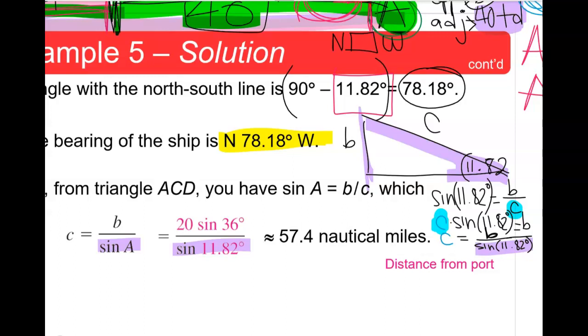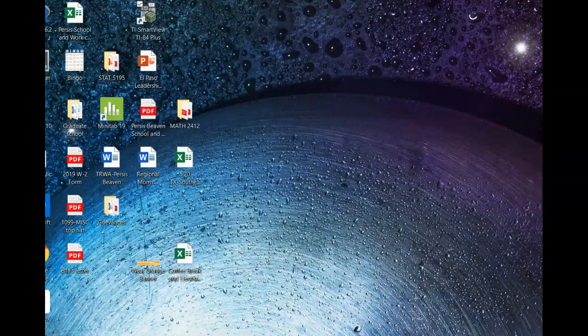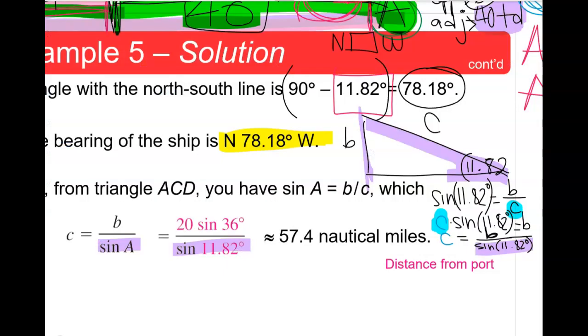And so if we enter all of this on the calculator, we will get 57.4. So let me show you how you can enter this on your calculator. So you might want to open parentheses 20 times sine of 36.